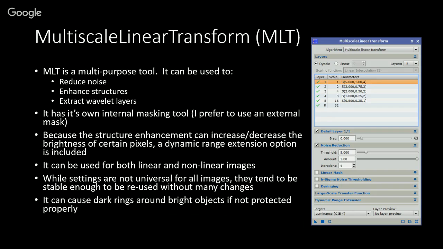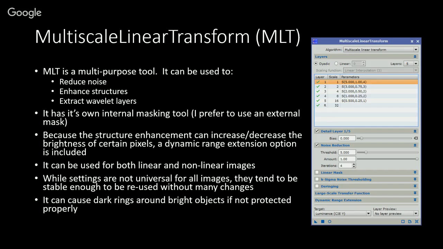Functionally, there's actually not that much difference. The multiscale linear transform does a little bit better job of protecting real data than A Trous does. It's kind of marginal, but there is an improvement there. So for the most part, I use the multiscale linear transform whenever I'm using this tool. And I've told you that that's not a full answer to your question, but hopefully maybe a functional one.